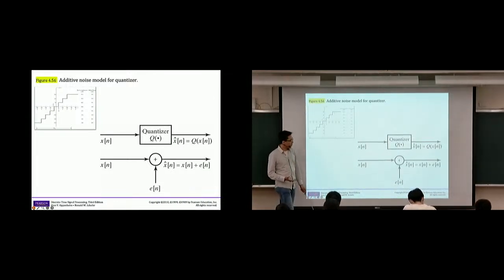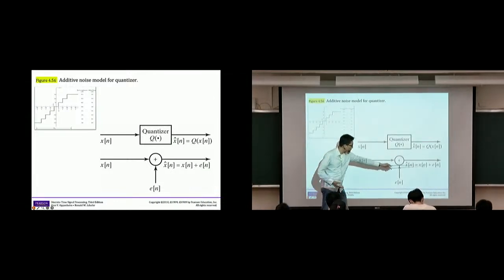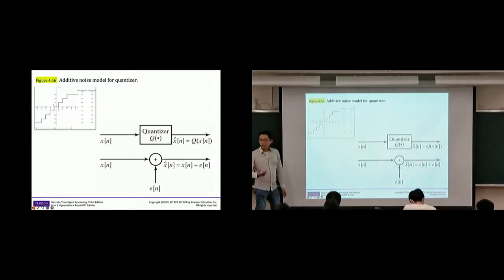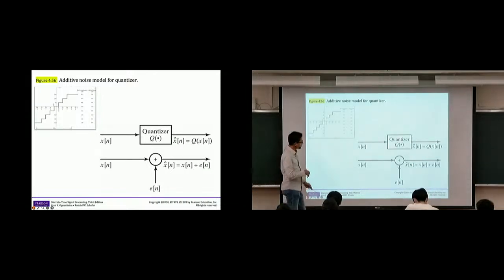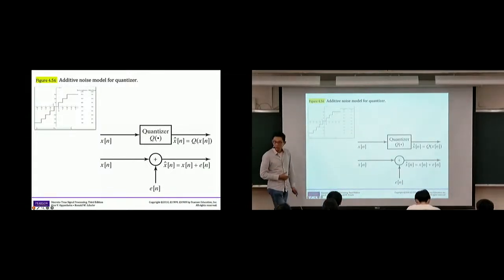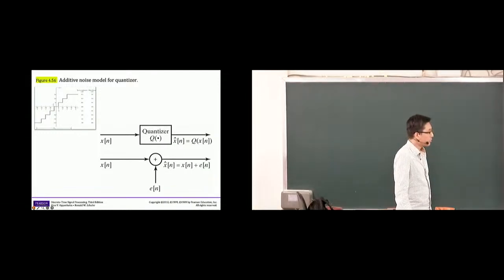Very simple concept. Approximation error is defined as the difference between the output and the input. E stands for error. This is a very important and convenient trick. Then we can talk about the statistical properties of the approximation error.